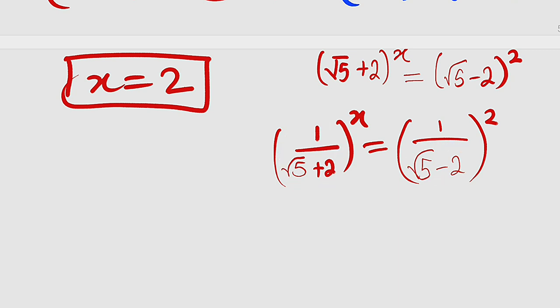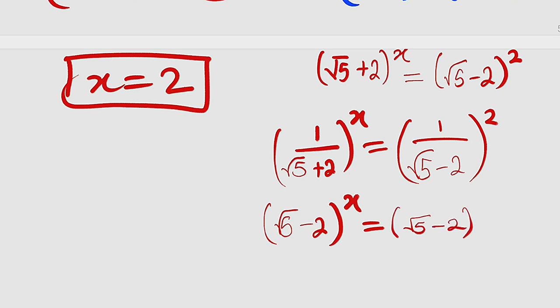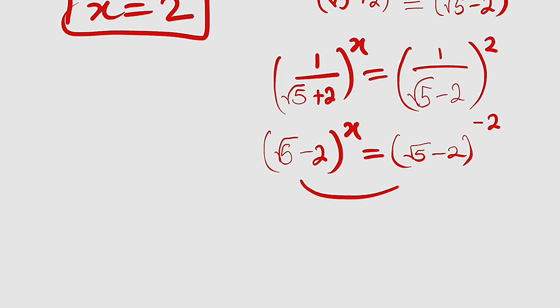So the left hand side can be written as root 5 minus 2 to the power of x. This is equal to, we can remove this fraction and negate the exponent. So this remains root 5 minus 2, but to the power of negative 2. And since the bases are the same, it implies that x must be equal to negative 2.